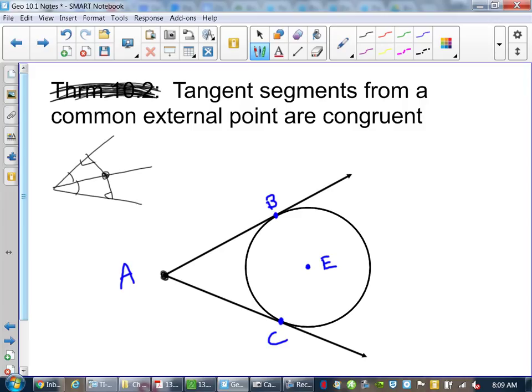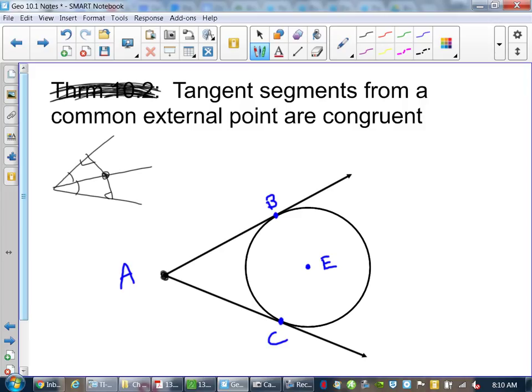Because watch what happens here. What is this segment called from E to B? It's a radius. What is E to C? What do you know about all radii in a circle? They're all the same. Did we not write that down? Radii are all congruent. They're always the same distance inside of a circle.